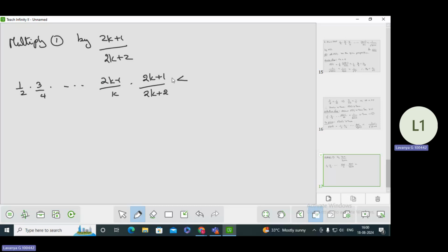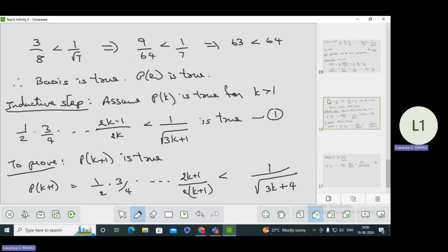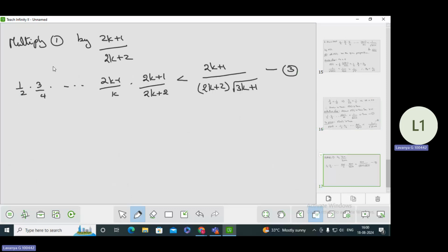This is less than, what I do to the left hand side, I have to do to the right hand side of the equation. So I will have 2k plus 1 divided by 2k plus 2 into square root of 3k plus 1. Okay. So let us consider this equation as equation number 3. And let us take the other equation as equation number 2.